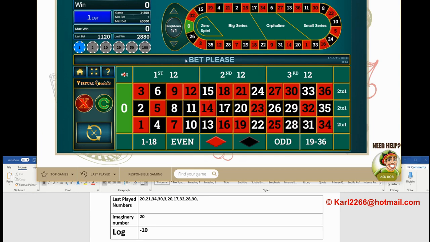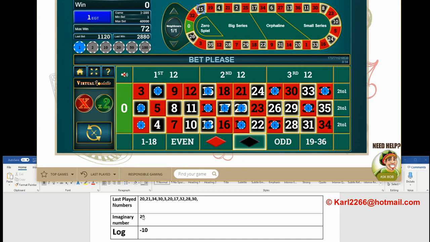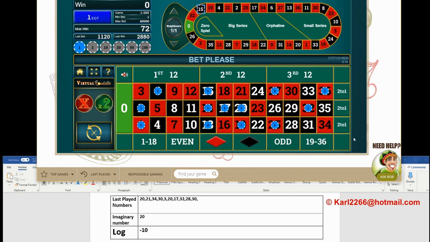So what I am doing, I place bet only one neighbor left and right from 20, and then terminals from 20, which are 13, 27, 25, and 15. Like this I'm playing sometimes when I got number 20 as imaginary number. But I recommend you don't play.